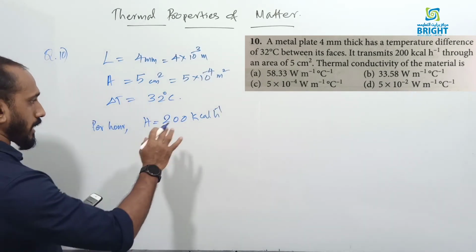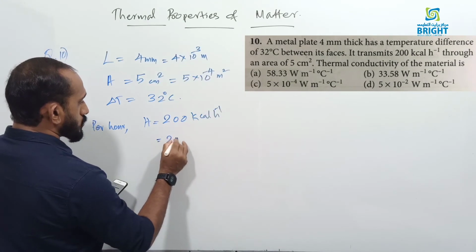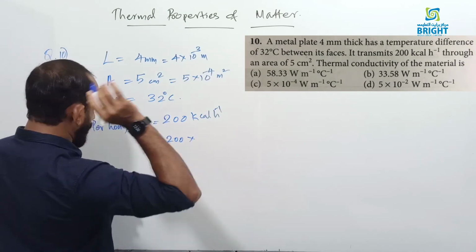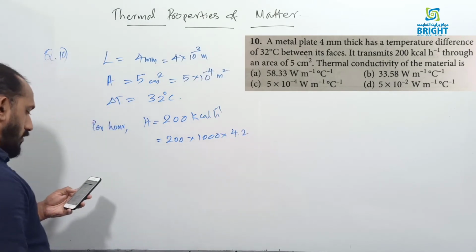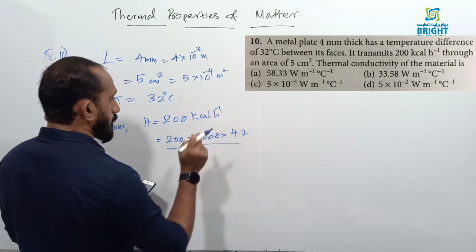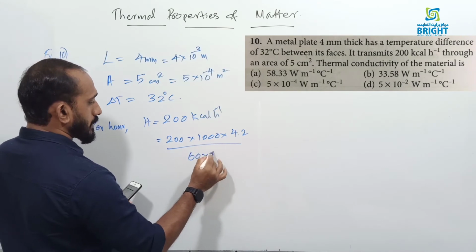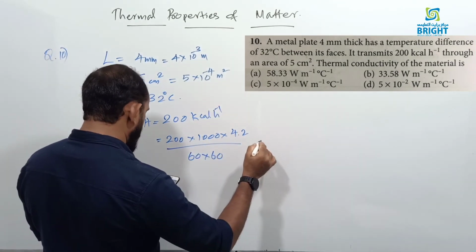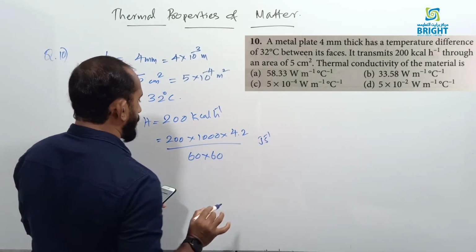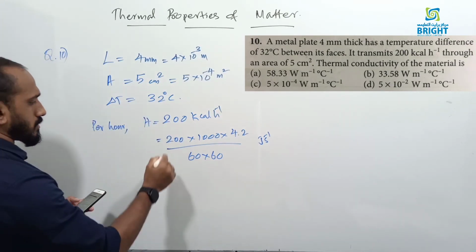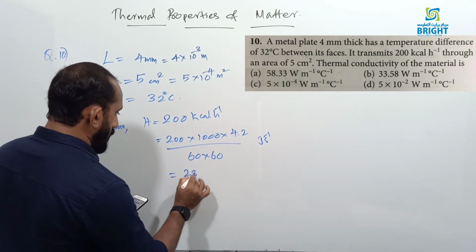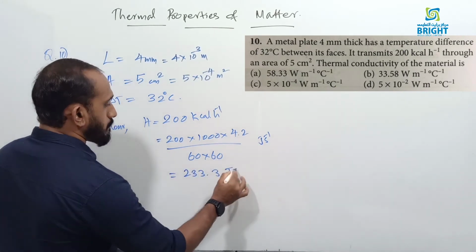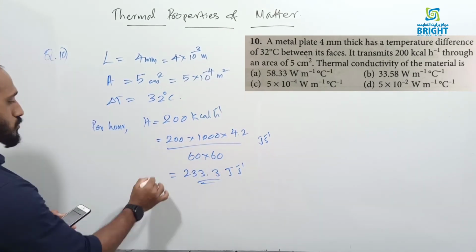That will be 200 into kilo, meaning 1000, into calorie, meaning 4.2 joules, divided by per hour, meaning hour to seconds, 60 into 60, that much joule per second. If you want, you can solve here itself, or you can do it in the next step also, no problem. It will become almost 233.3 joule per second, H.